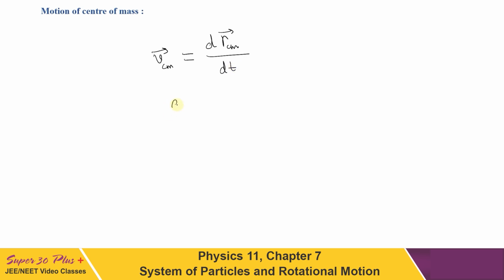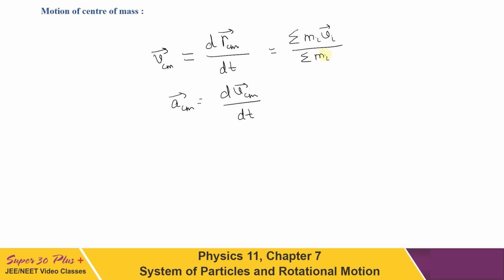Similarly we can write ACM as dVCM by dt. Now VCM can also be written, either by differentiating RCM if we have its value, or directly as summation of MIVI upon summation MI. This will be for a discrete mass system.